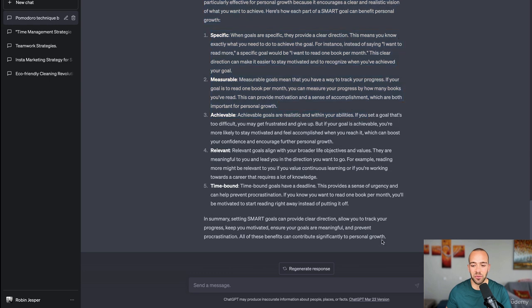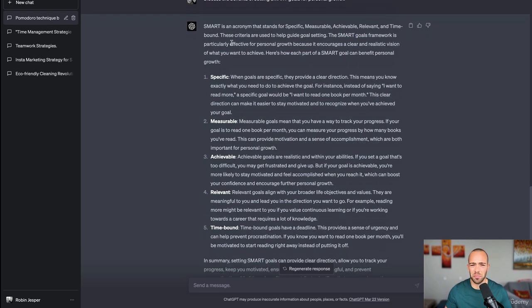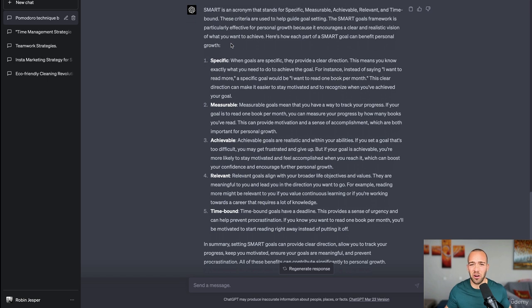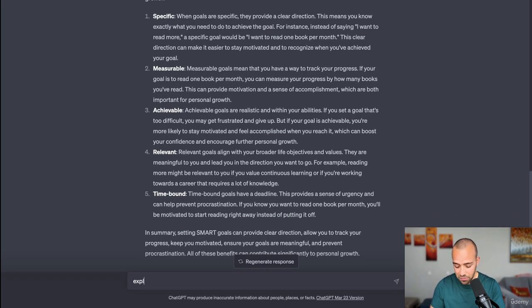It's really good, well done by ChatGPT, but it's pretty lengthy and it's pretty complicated if you have never read anything about this. So if this is a new concept for you, it can be hard to really read through here and understand what it's about. So let's simplify it by asking, explain it to a fourth grader, and let's see what output we're getting now.